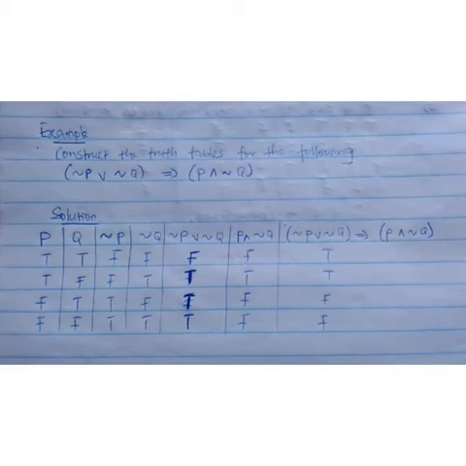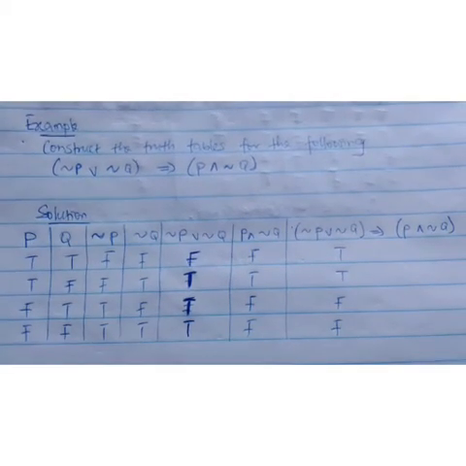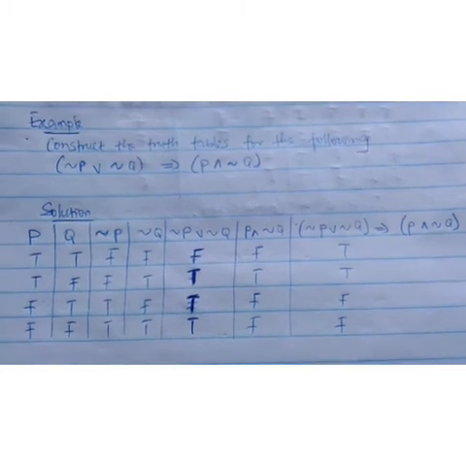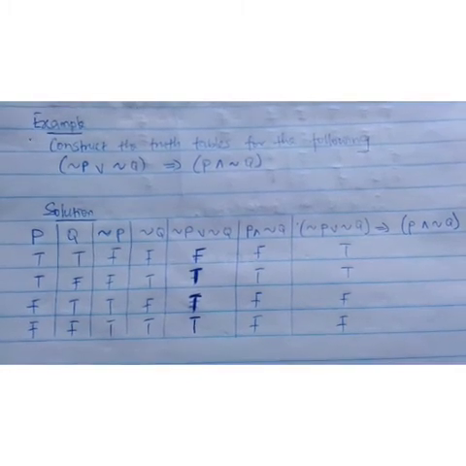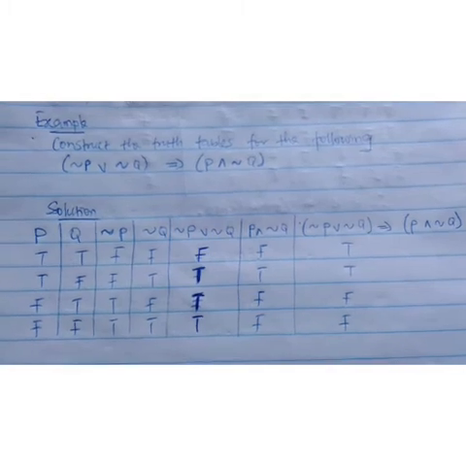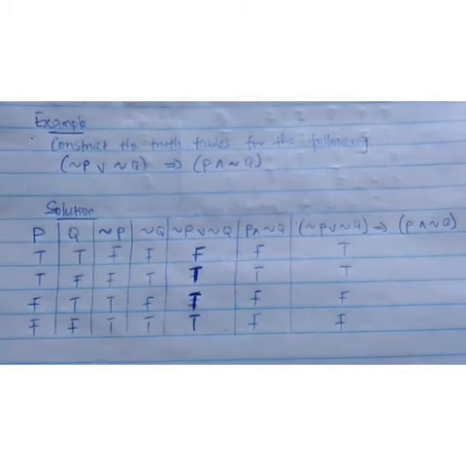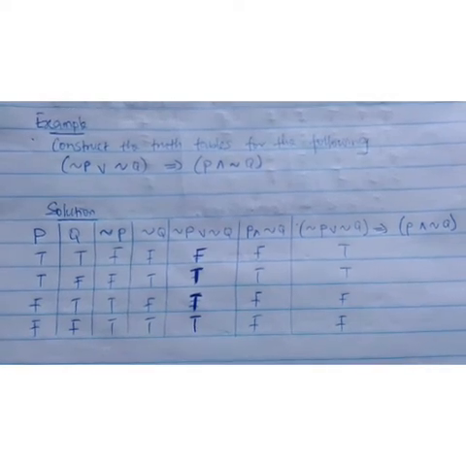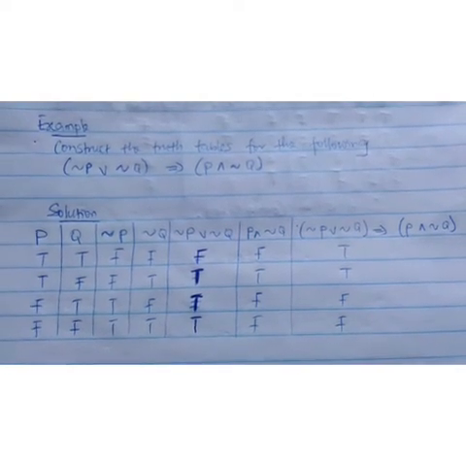Now, for the first bracket, we have not P or not Q, which implies that it is false when not P is false and not Q is false. In this case, we have it as FTTT. Now, for the second bracket, we have P and not Q, which implies that it is true only when P is true and when not Q is true.